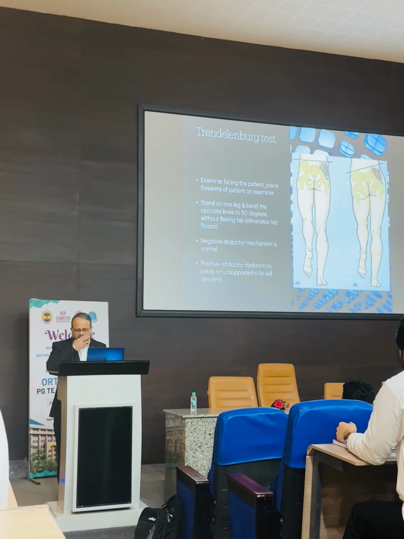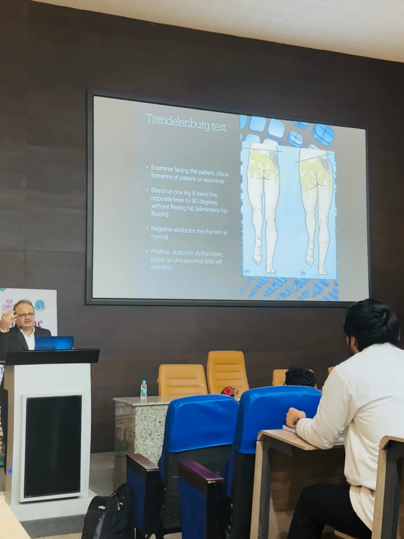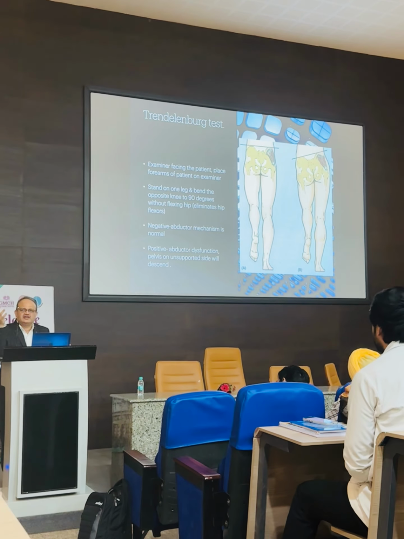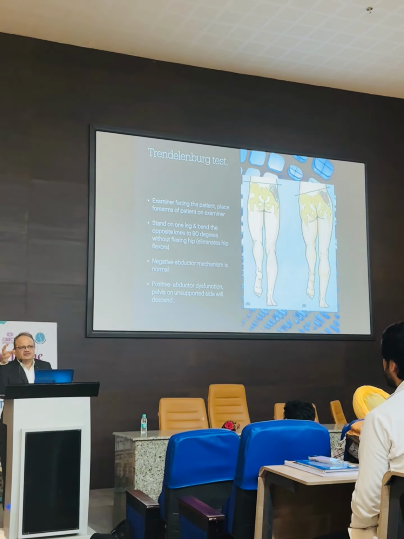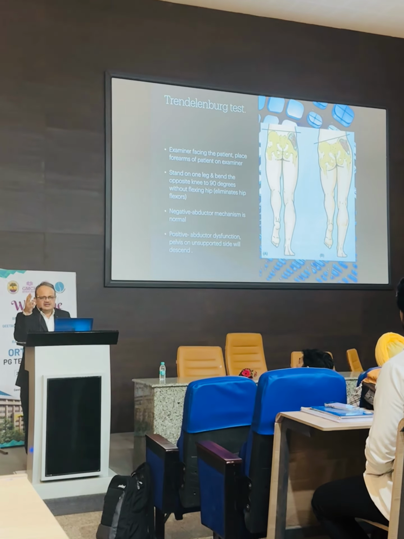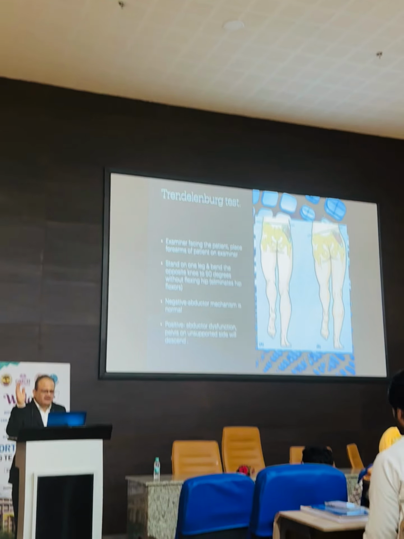For example, it is important when you have coxa vara causing late onset deformity, or non-union of the neck of femur, or congenital dislocation of the hip. In these cases, the Trendelenburg test is important, and we know how to do that.